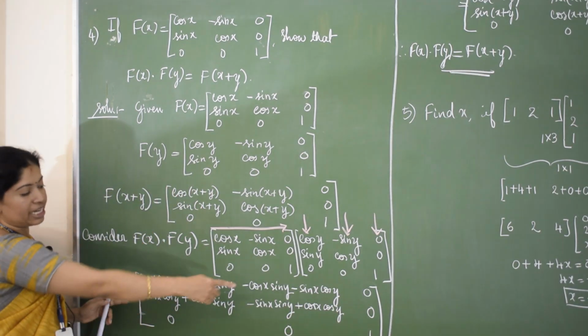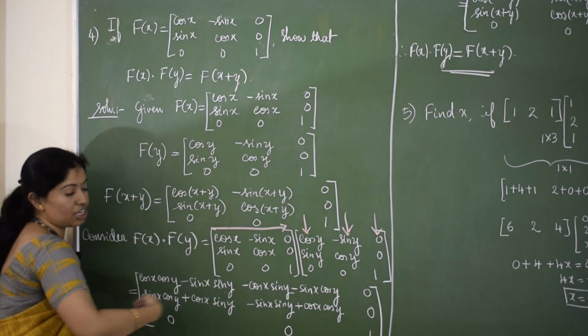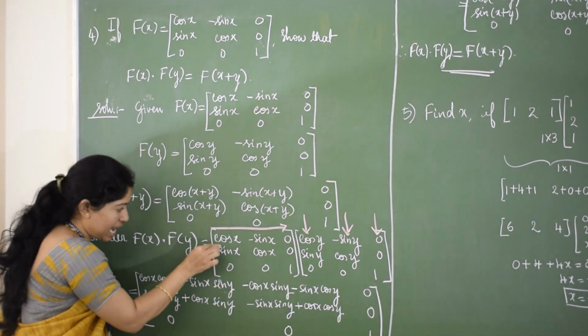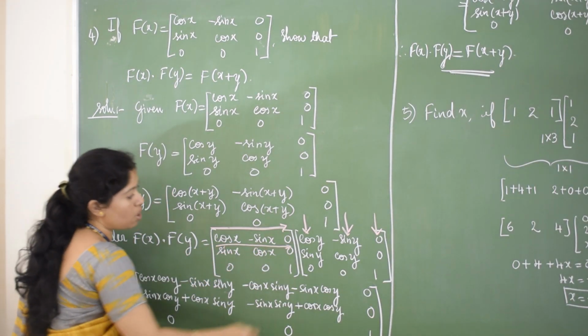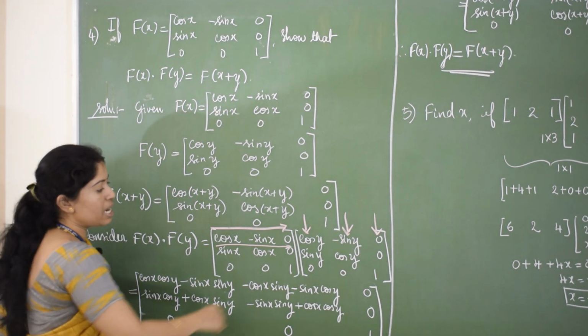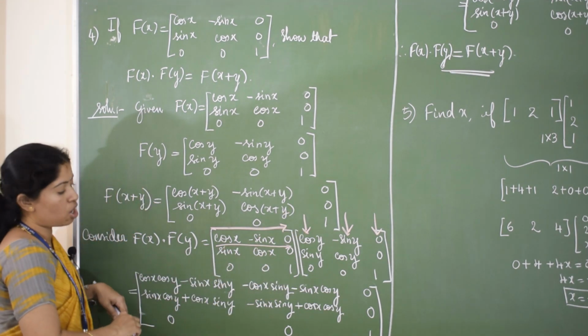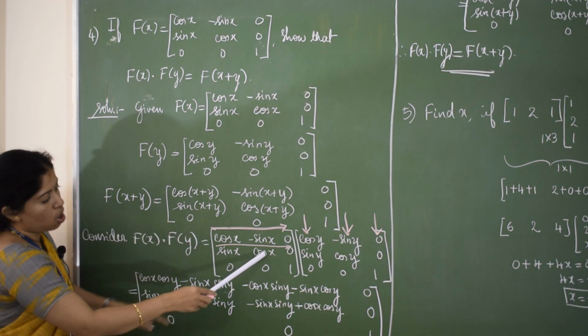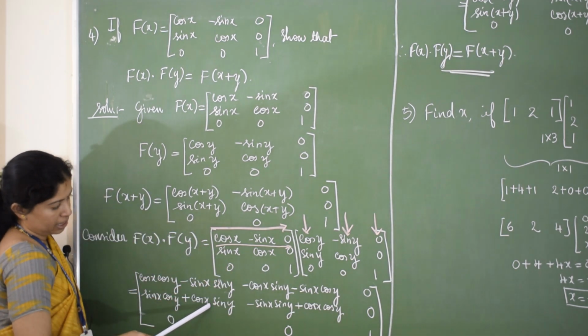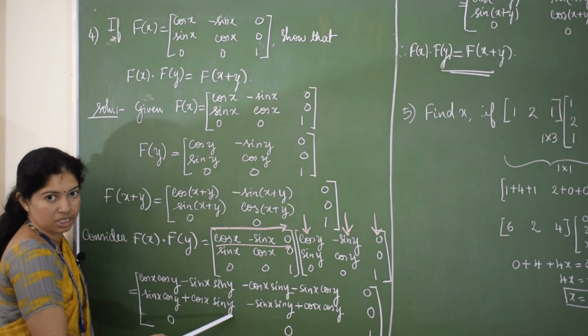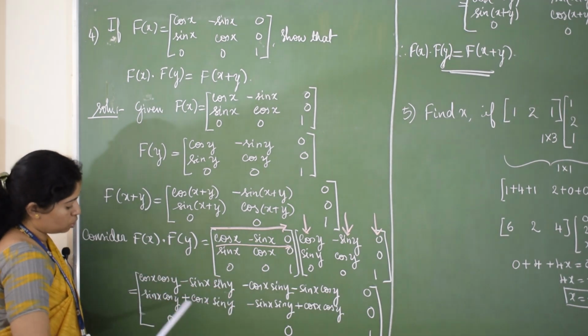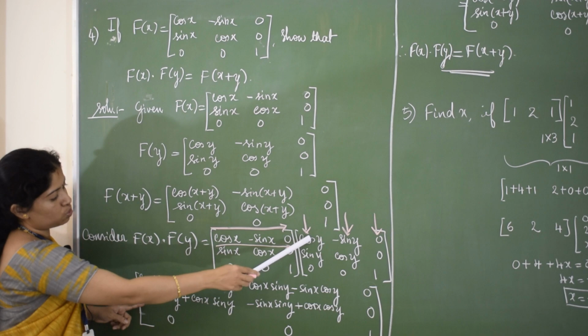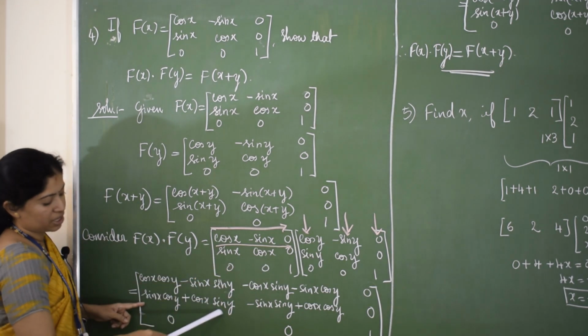Next, coming to the second row. To get the second row entries, what we have to do? We have to take this second row and multiply with the corresponding entries of the first column. So sin x into cos y plus cos x into sin y plus 0 into 0 is 0, so no need to write that 0. So you have here sin x cos y plus cos x sin y.